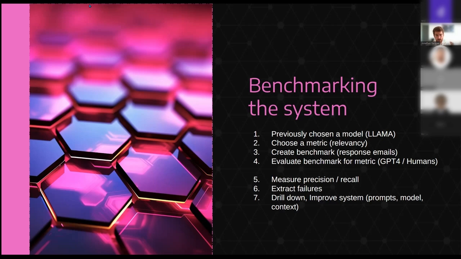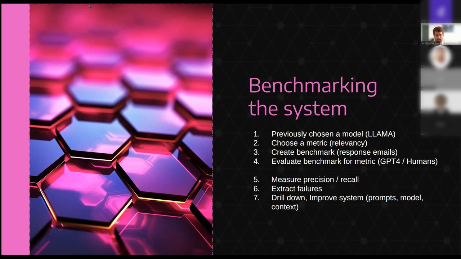Once you've done these 4 steps, you're good to go. You have a benchmark, you're able to evaluate a specific metric. Obviously, you don't have to limit yourself to one metric. You can do several. Then what I'd recommend is you have to decide whether you're measuring precision or recall. See which examples have actually failed, extract those failures, and try to drill down. Try to find out why the system didn't get it right.